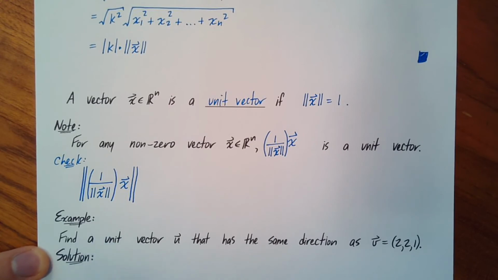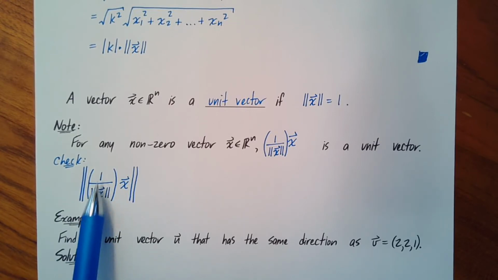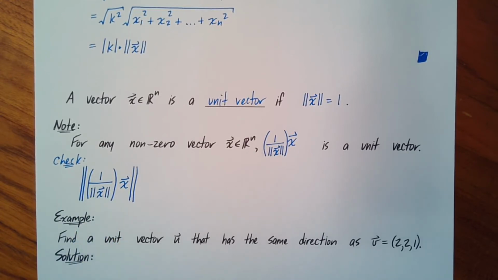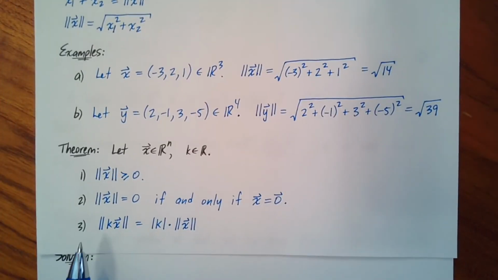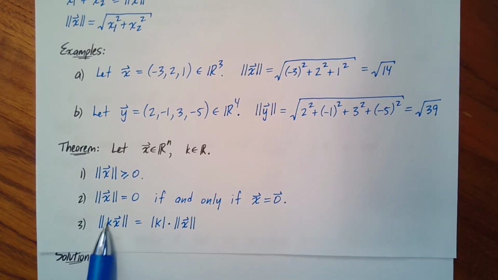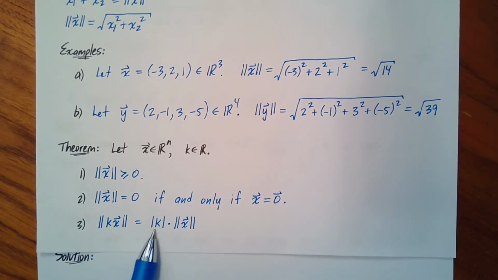Well, how are we going to do this? It looks maybe a bit harder than it actually is. Because look at this, 1 over the magnitude of the vector x, or 1 over the norm of x, this is just a scalar. And, well, property 3 of the theorem we just proved says you could take a scalar and pull it out of a norm, but just put an absolute value sign on it.